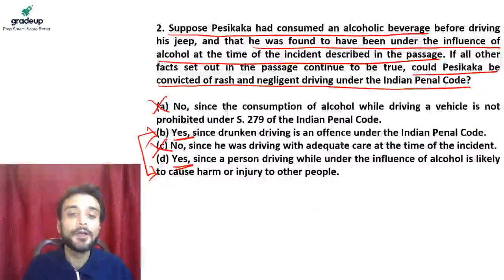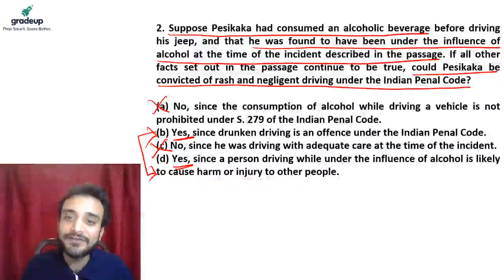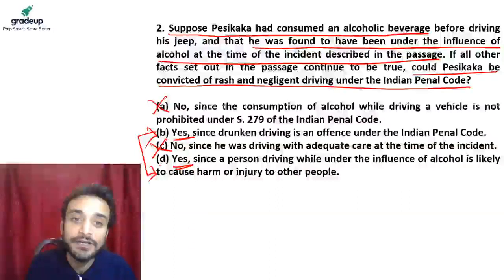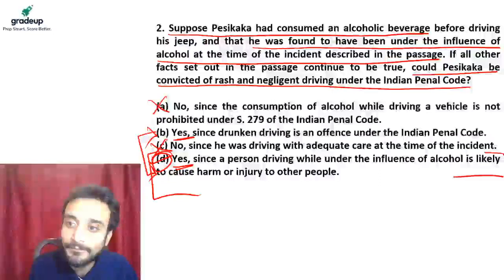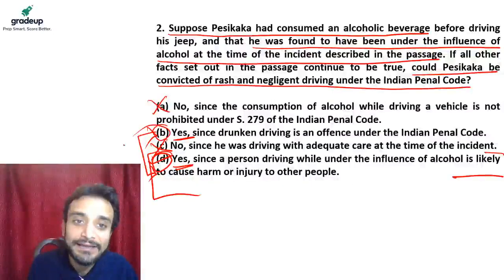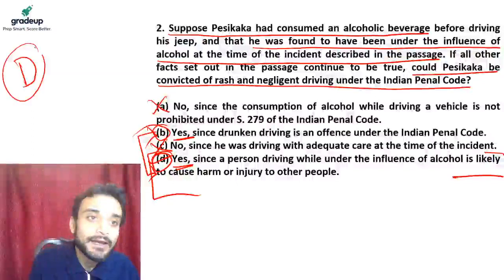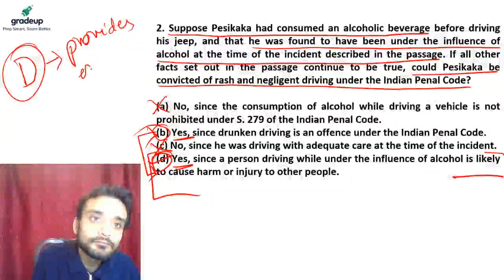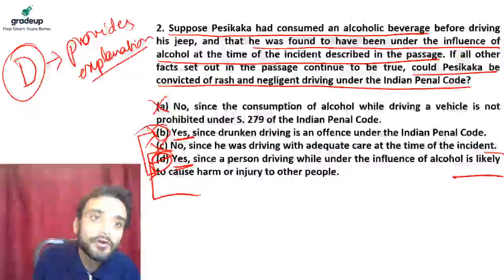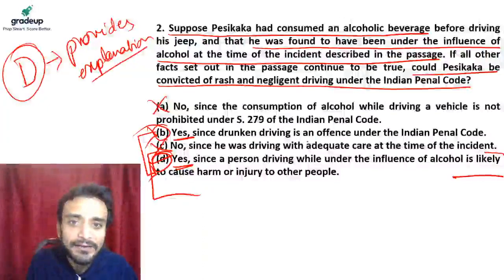Okay, good. Option D says, since a person driving under the influence of alcohol is likely to cause harm or injury to other persons. So this option D happens to be a better explanation than just option B. D provides explanation, wherein B just says that it's an offense under the Indian Penal Code.